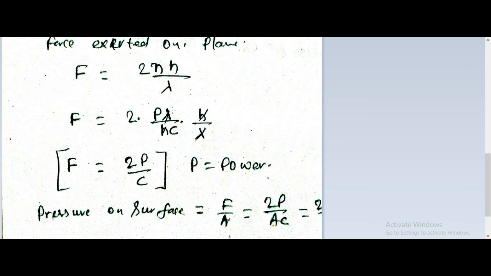In this way, in the form of power we can write F equal to 2P by c, where P is power. Pressure on the surface is force per unit area, so the area term will be added in the denominator.